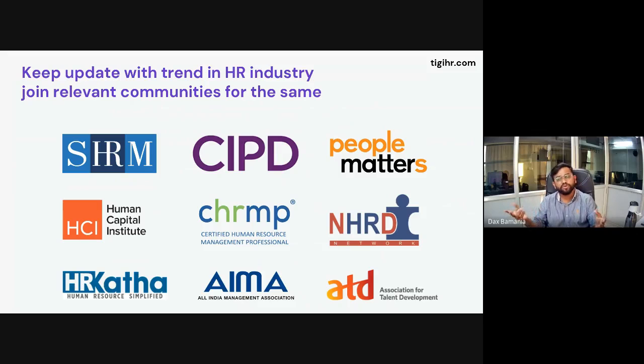Then the Association for Talent Development. You can connect with these institutes, or go through their newsletters, so you'll identify the actual shift going on in the HR field and stay updated.